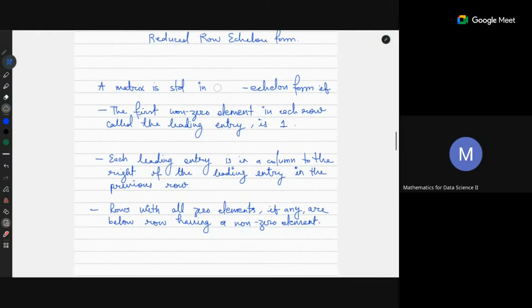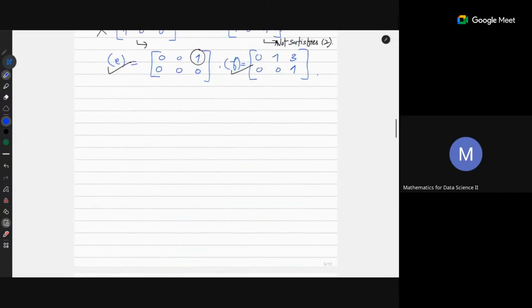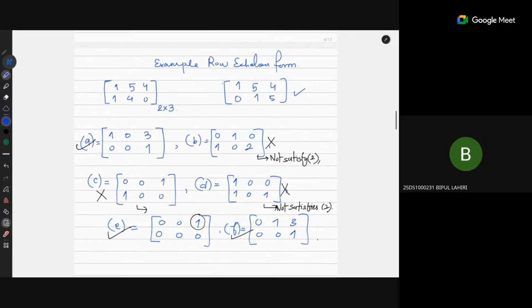The check is this. A matrix is in reduced row echelon form if all the three conditions that you have for row echelon form hold, and the fourth condition is this: whenever you have a lead column in which there is a leading entry, that leading entry should be the only non-zero entry in that column.